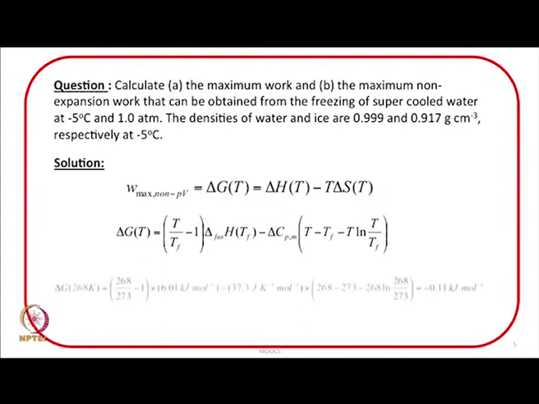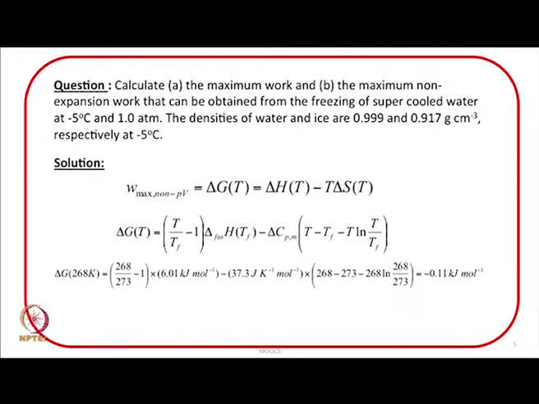Once you substitute the numbers, the answer comes out to be minus 0.11 kilojoules per mole. Right.